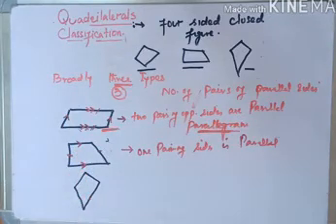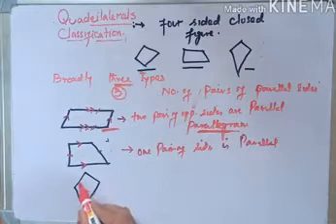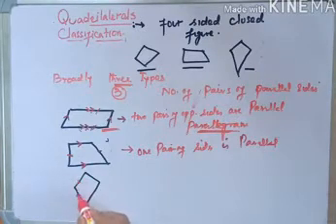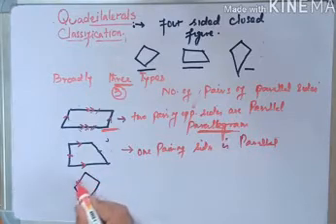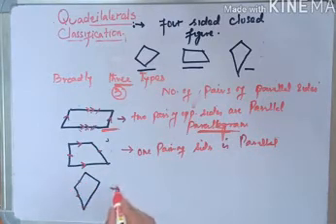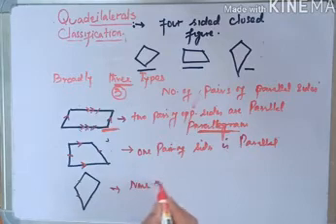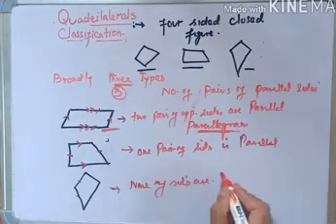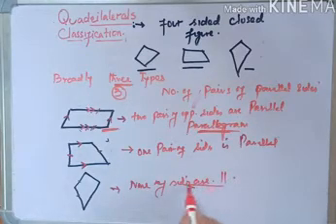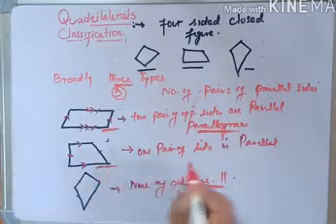And what about this quadrilateral? You can see this side is not parallel to this one. None of the pairs of sides are parallel. This type of quadrilateral is called a kite, and this one is called a trapezium.